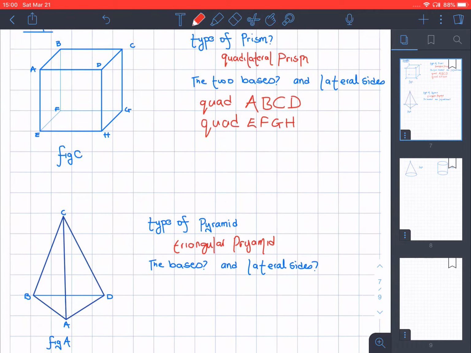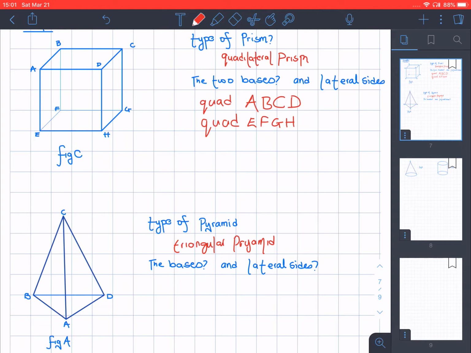So I picked these two examples because, while you have more options to pick from as your base, no matter how you orient this image, the type of pyramid doesn't change. These are two well behaved prisms and pyramids.